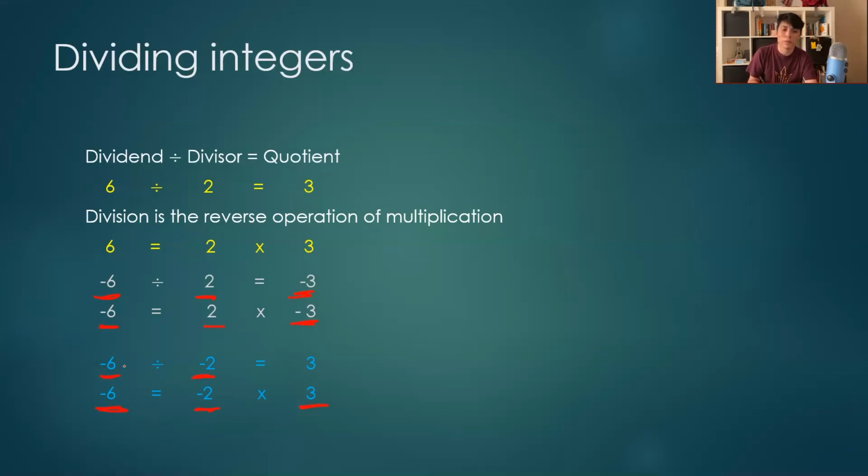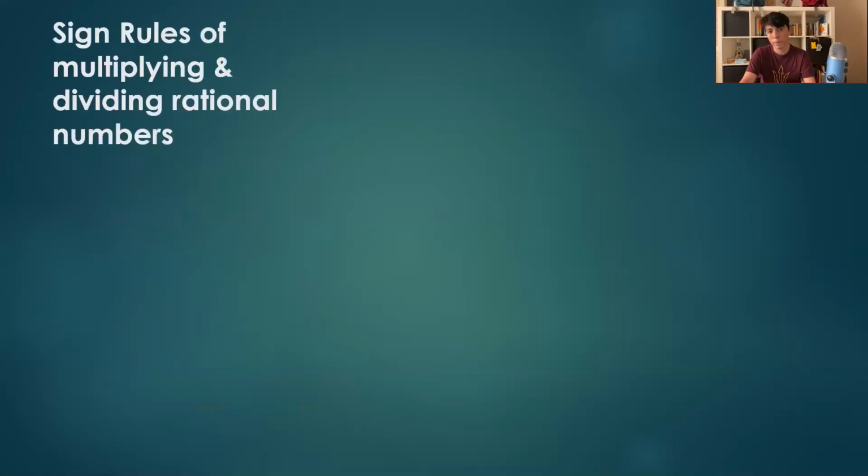So whenever we're dealing with problems that have two numbers that we're either multiplying or dividing by, if those numbers have matching signs, then it's going to be positive. But if they have mismatching signs, the answer is going to be negative. So it seems to us now that the sign rules between multiplying and dividing rational numbers are pretty much the same.